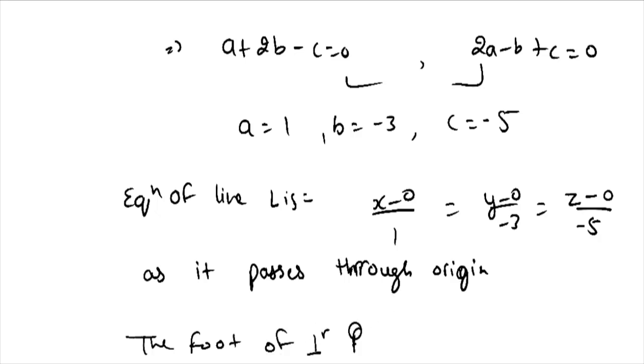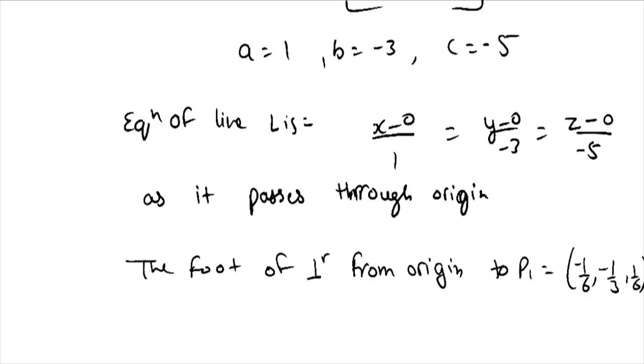So now next, the foot of perpendicular from the origin to the plane P1 is minus 1 by 6, comma, minus 1 by 3, comma, 1 by 6.